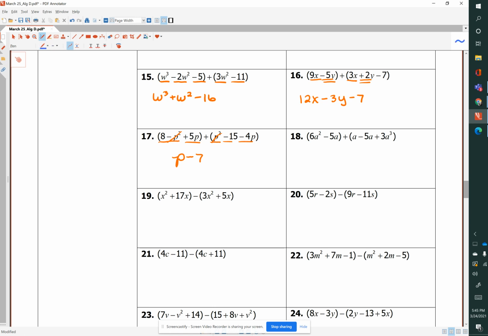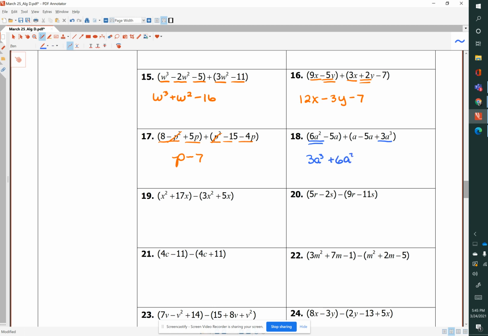Number 18, let's see, we've got this 3a to the third power. And then on the a squared, we have 6a squared minus, plus negative, oh no, no other a squares. This is the only a squared. So we've got plus 6a squared.